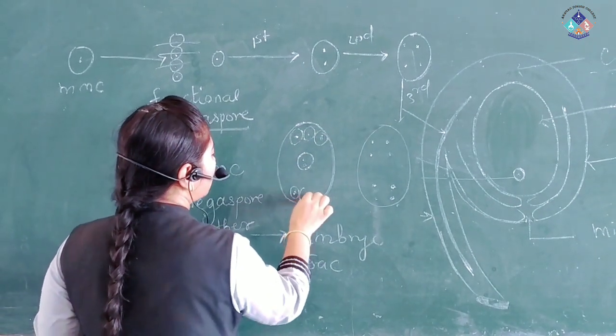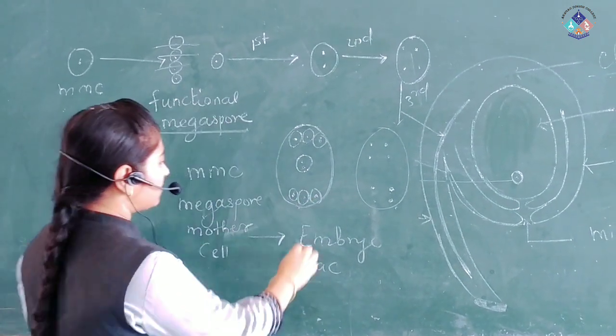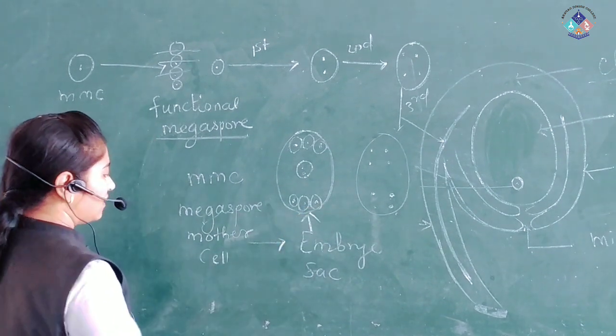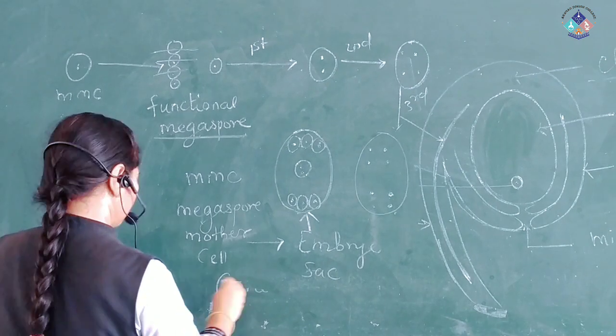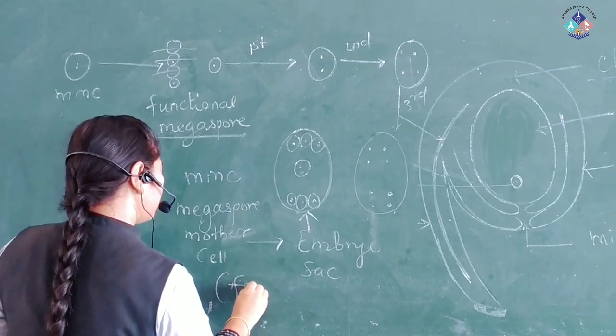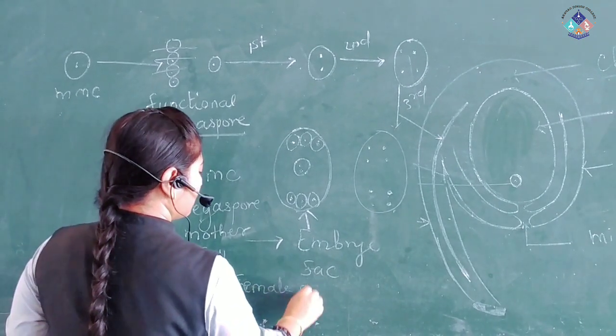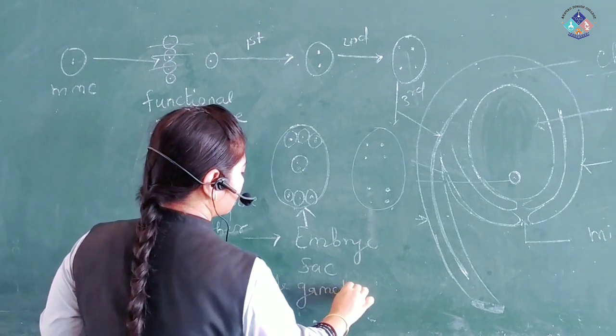This structure is called the embryo sac. This is the embryo sac. It is also called the female gametophyte.